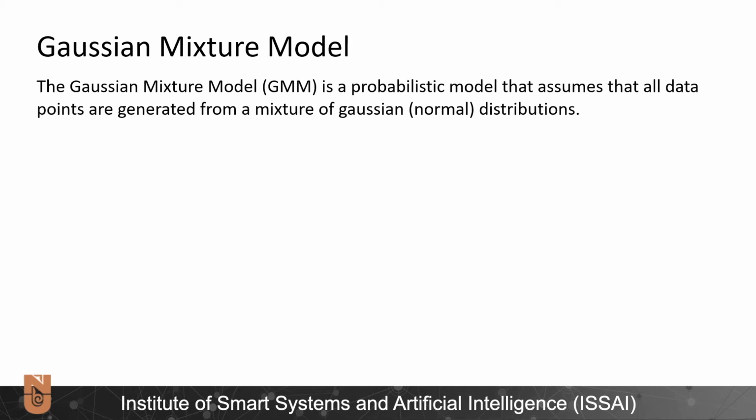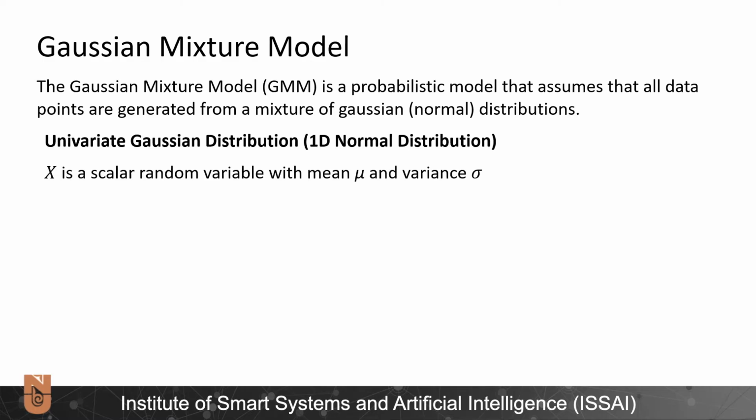The Gaussian mixture model is a probabilistic model that assumes that all data points are generated from a mixture of Gaussians. Let's recap the Gaussian distribution. In the case of a single dimension, let's say x is a real-valued random variable. If the probability distribution of x is a Gaussian with mean mu and variance sigma squared, then we can write it as x is distributed as a Gaussian distribution parameterized by two parameters, mean and variance.